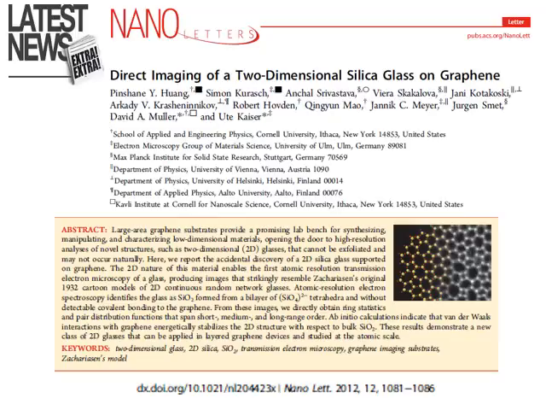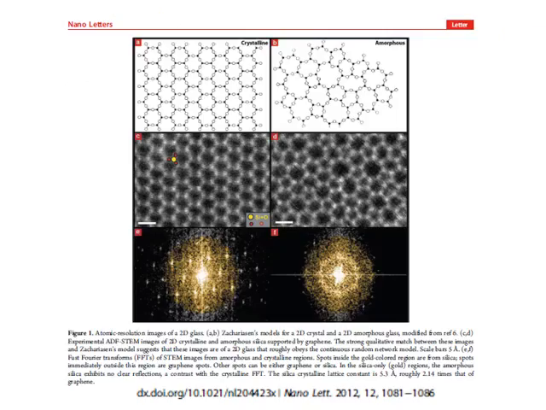The 2D nature of the material enabled the first atomic resolution transmission electron microscopy of a glass, producing images that resemble Zachariasen's original 1932 cartoon model of 2D continuous random network glasses. The study identifies the glass as silica formed from a bilayer of SiO4 tetrahedra without detectable covalent bonding to graphene.